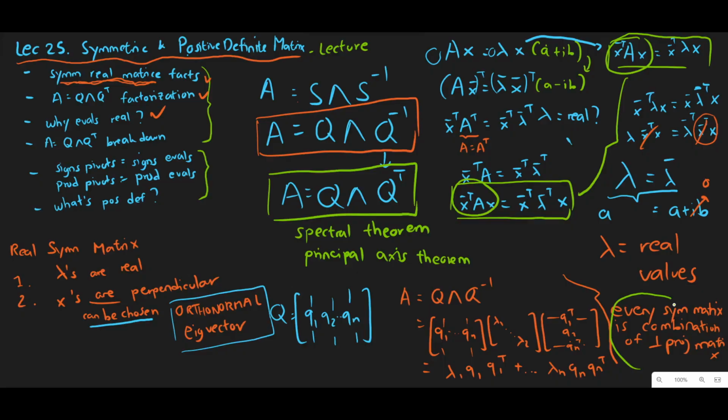You're saying now, wait, hold on, where is the projection matrix here? Why do you say it's a combination of projection matrices? So this is the projection matrix here, the Q1 times Q1 transpose, up to Qn times Qn transpose.